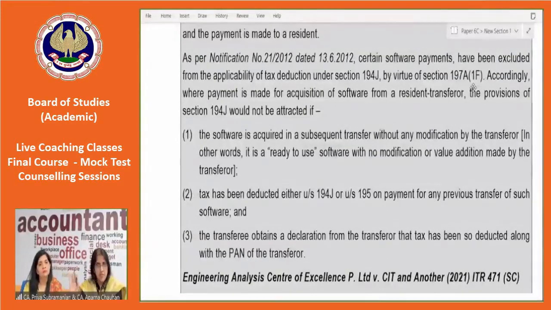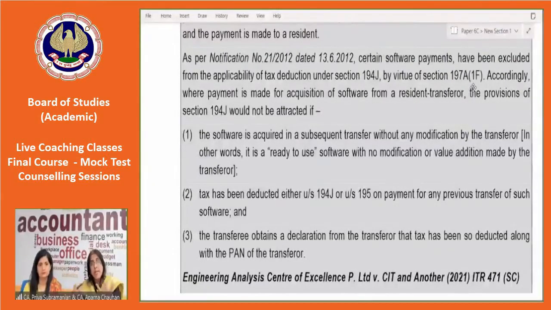It's a ready-to-use software, suppose I purchased it, and tax has already been deducted in the earlier transaction under 194J or 195. And the transferee obtains a declaration from the transferor that the tax has been so deducted. In such a case, tax may not be deducted under 194J.